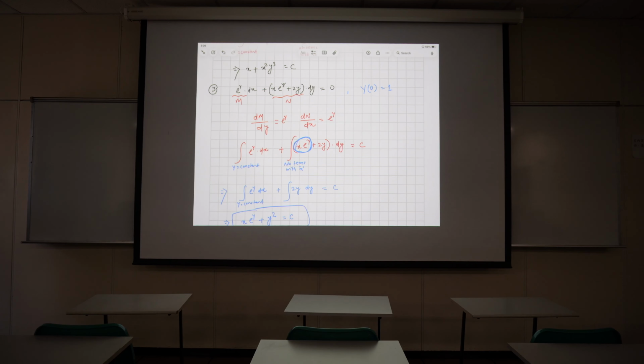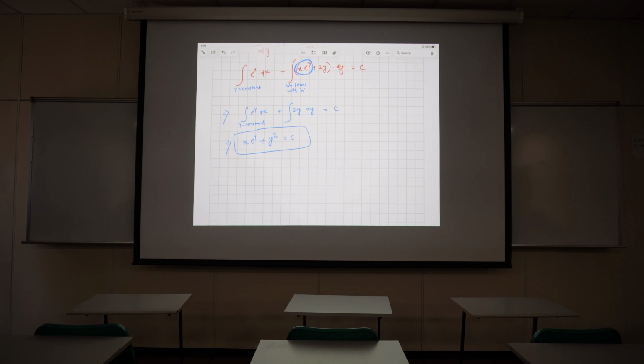That means if we take x is equal to 0, y is equal to 1. Then this problem becomes an initial value problem, right?